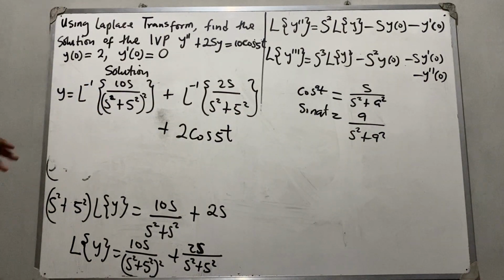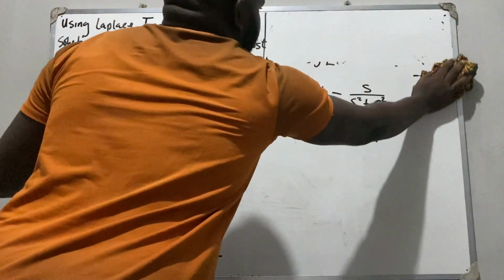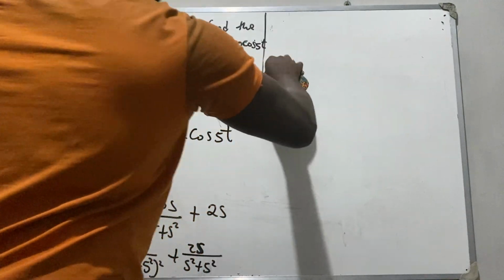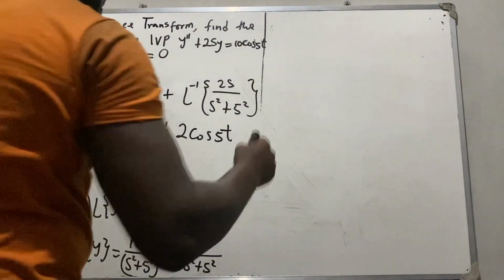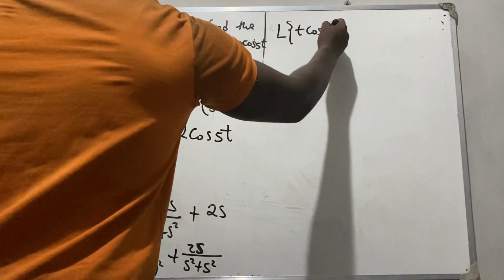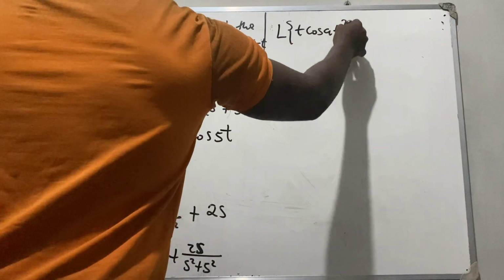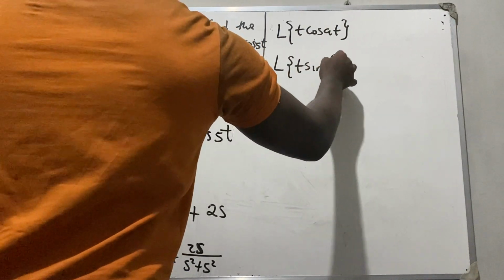So that is that. Now, for this particular one, there is something I need you to know for us to be able to find the inverse Laplace of that particular one. You should take note of the Laplace transformation of t cos at and the Laplace transformation of t sine at.